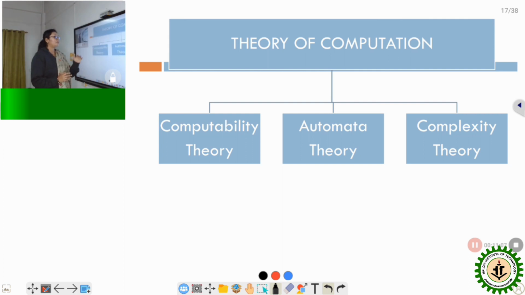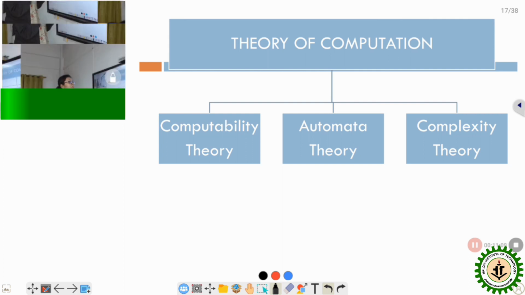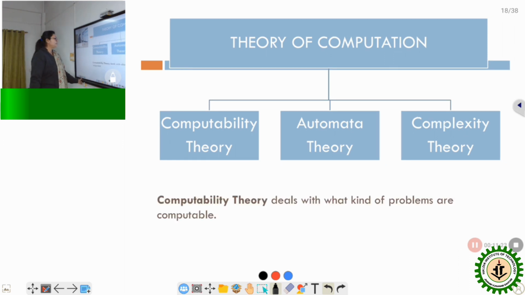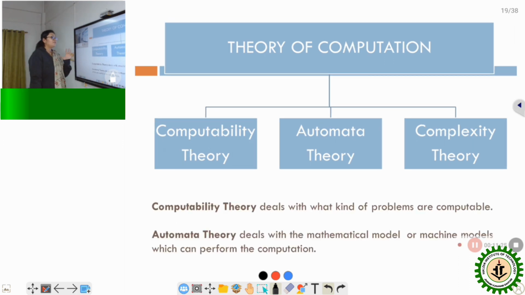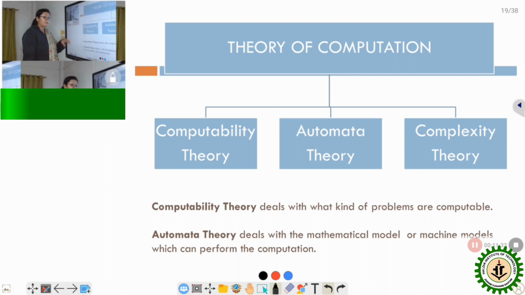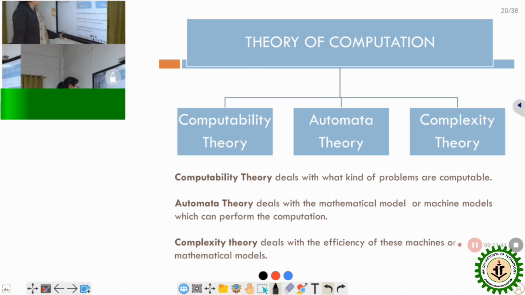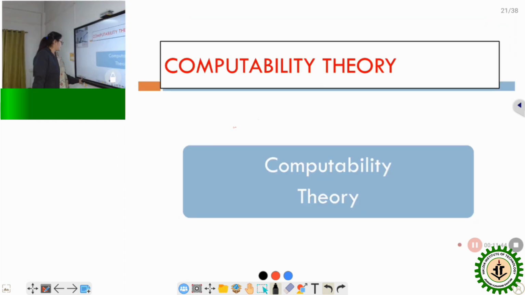Then we need to know that the theory of computation is the summation of three other theories, that is computability theory, automata theory, and complexity theory. Now computability theory is all about what kind of problem is computable or not computable. Automata theory deals with the mathematical model which can perform your computation, and complexity theory deals with the efficiency of the machines or mathematical models.